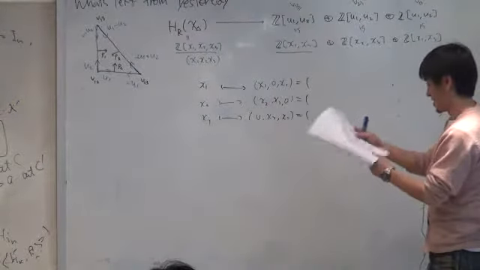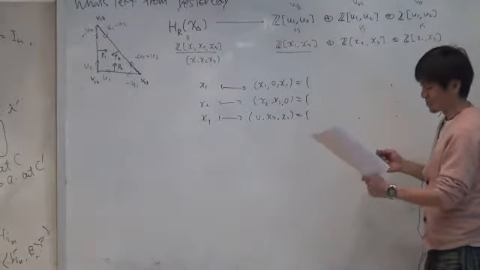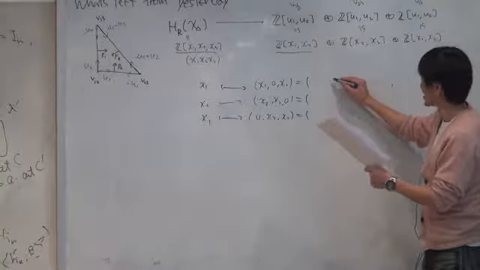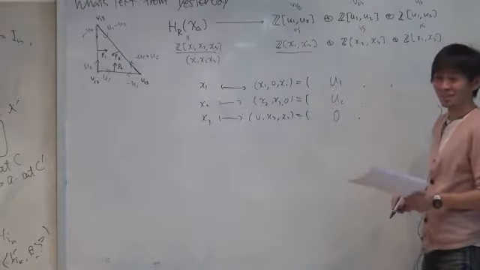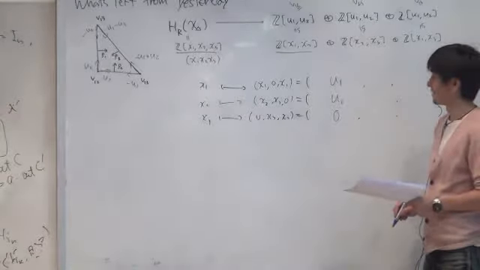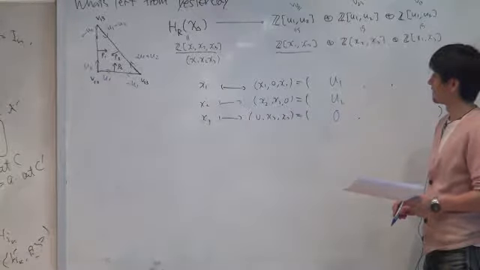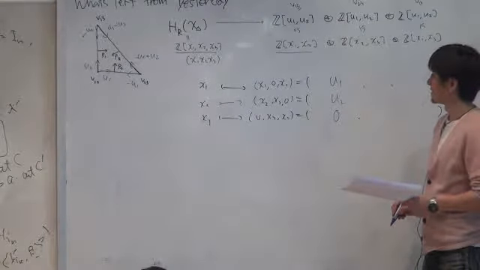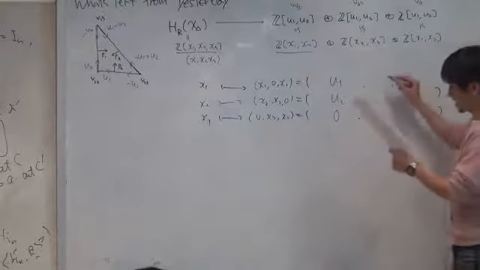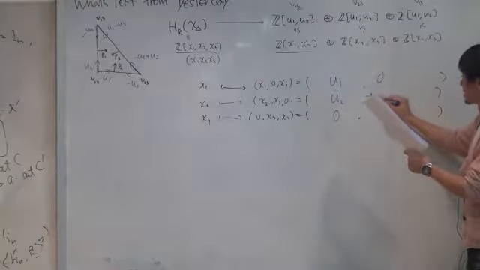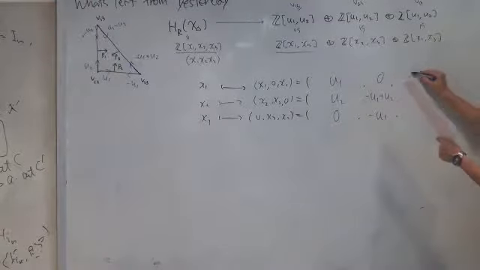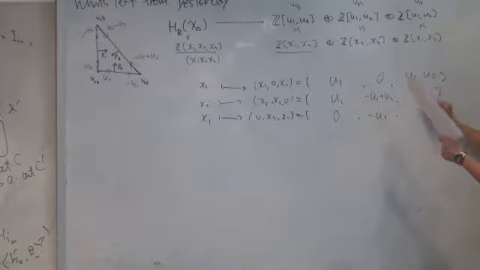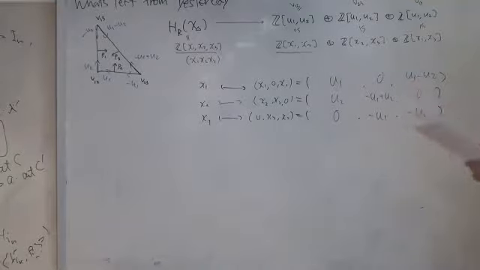So here is where I made a mistake in my notes, so I got confused yesterday. But U1, U2, 0. Yeah? And here, 0, minus U1 plus U2, minus U1, U1 minus U2, 0, and minus U2.